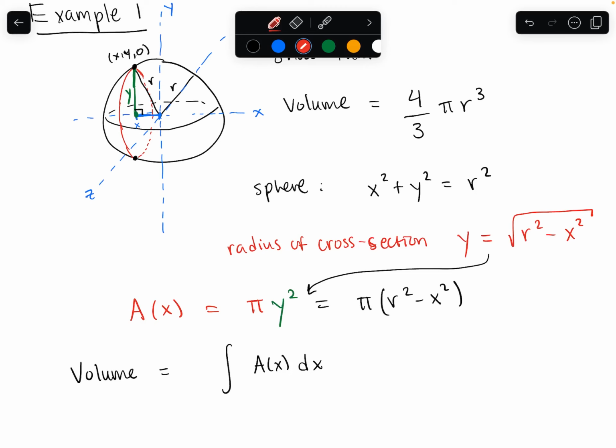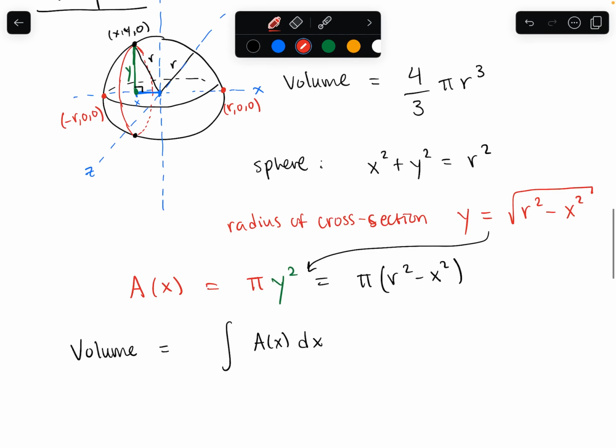Well, we did all of our cross-sections in the x direction, so when I look at where x is being integrated from and to, it's from out here, the point minus r, or if I'm being very precise, because I'm in 3D, minus r, 0, 0, all the way out to the point here, x equals r. So if I want to integrate everything in x, it's from minus r to r.